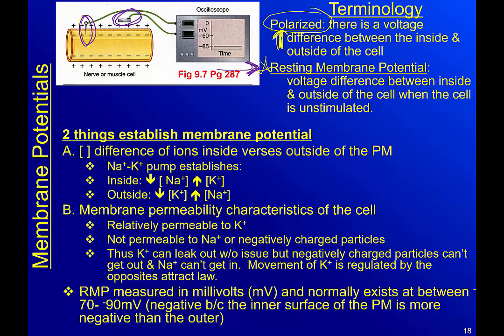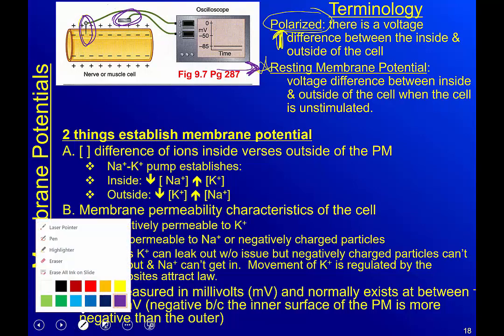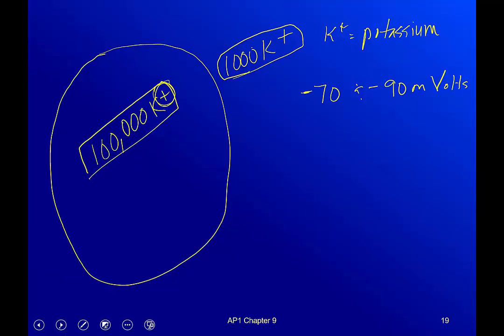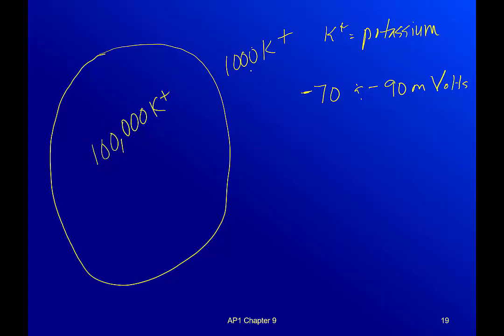Now, two things establish that membrane potential. One, the differences of ions inside versus outside of the plasma membrane. So remember I said I have 100,000 potassium inside and only 1,000 potassium outside, yes? Well, that's one difference.